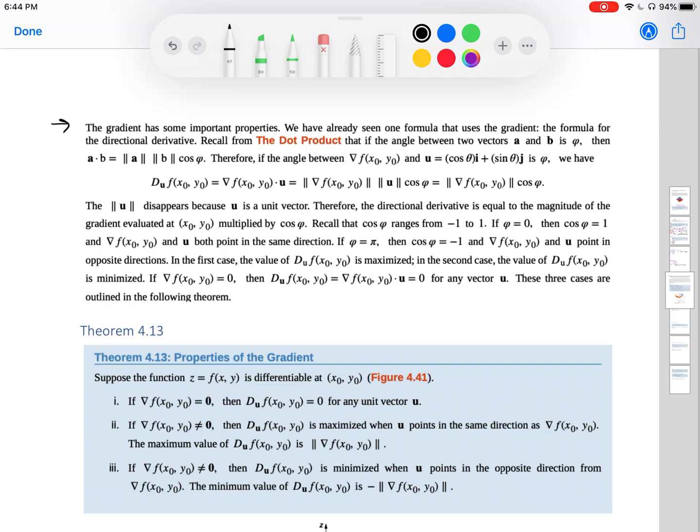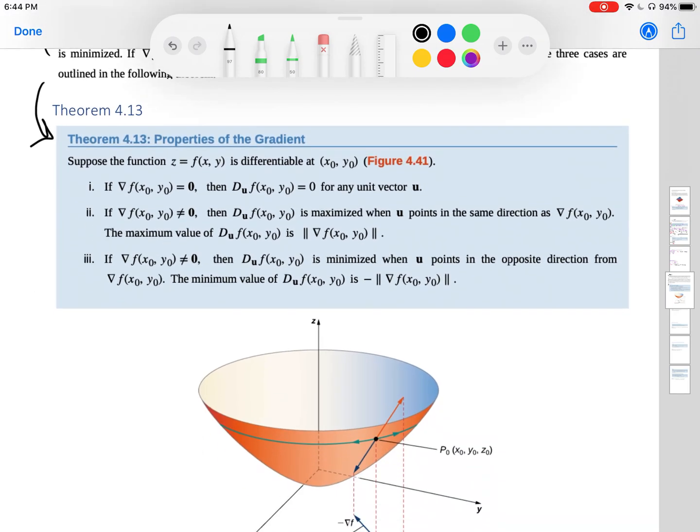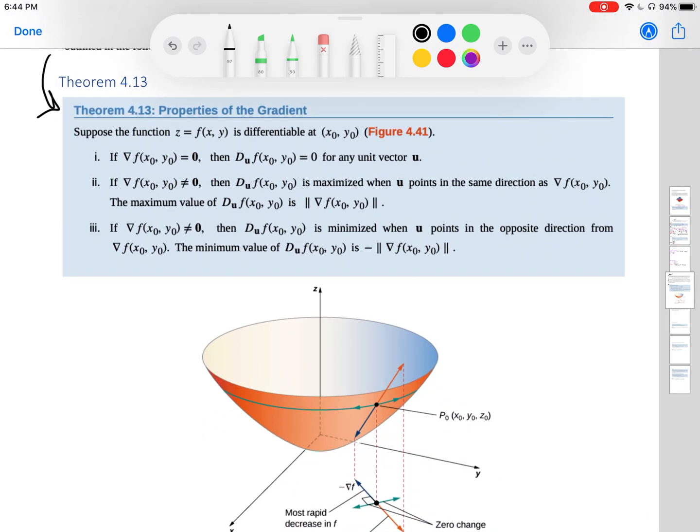These three cases are outlined in the following theorem. So you can just summarize them here. I know it was notation heavy. I guess now that I'm here, I would suggest you kind of ignore it since it is a lot to process. Theorem 4.13, properties of the gradient.